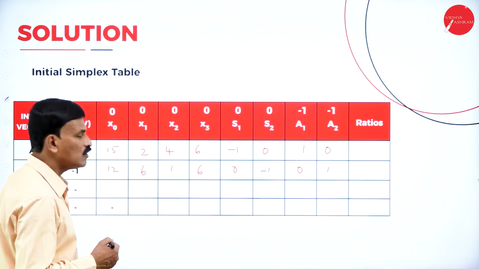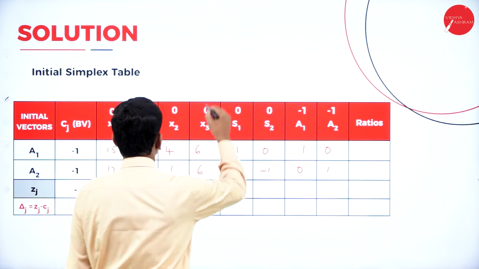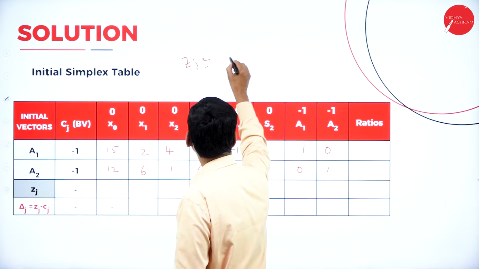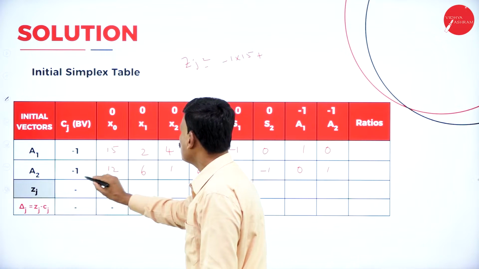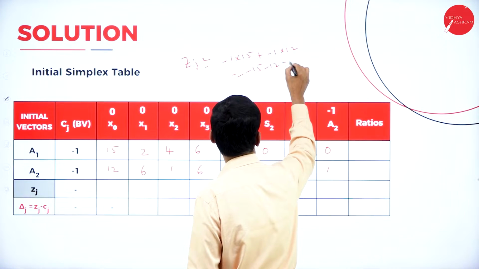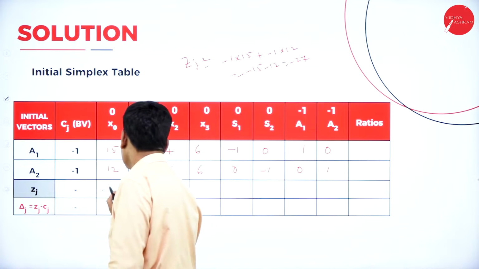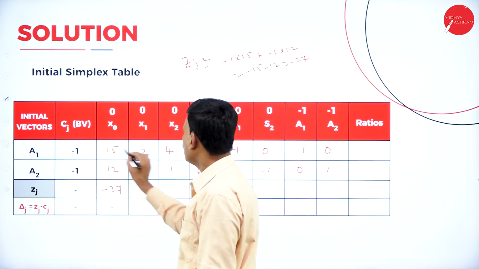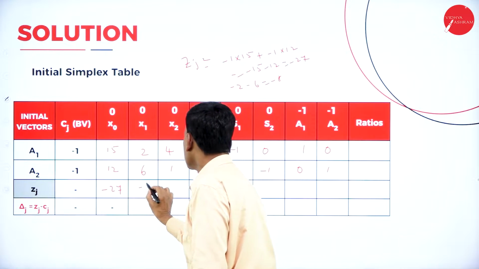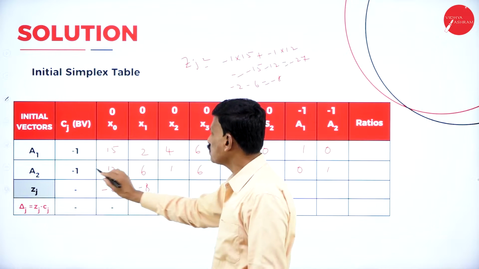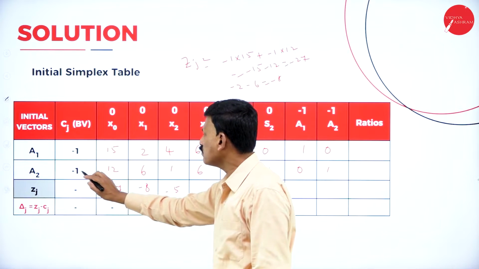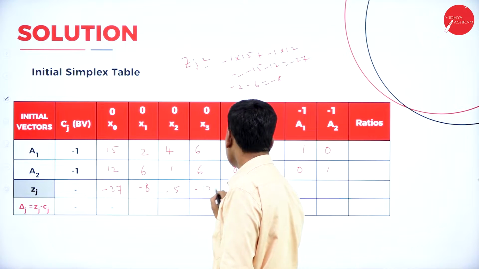Now let us find the value of zj. zj is obtained by multiplying these two. -1 into 15 plus -1 into 12, so -15 minus 12 is equal to -27. Again -1 into 2 is -2, -6, that's equal to -8. -1 into 4 is -4, -1 is -5. -1 into 6 is -6, -6 is -12.